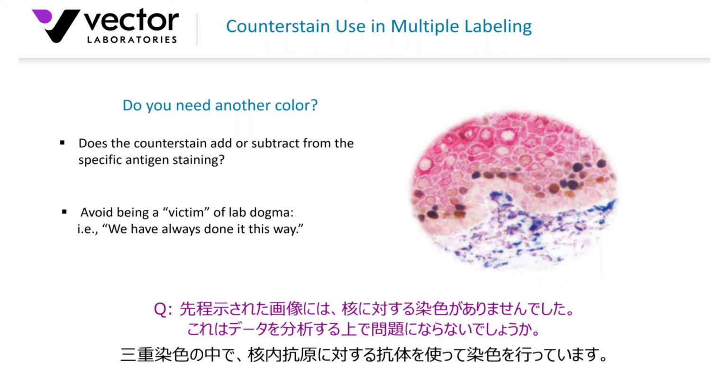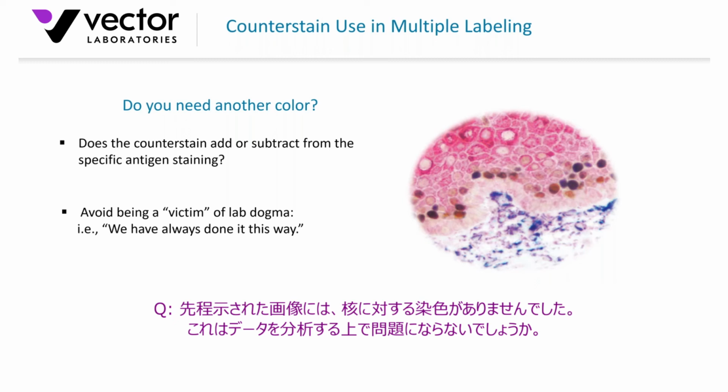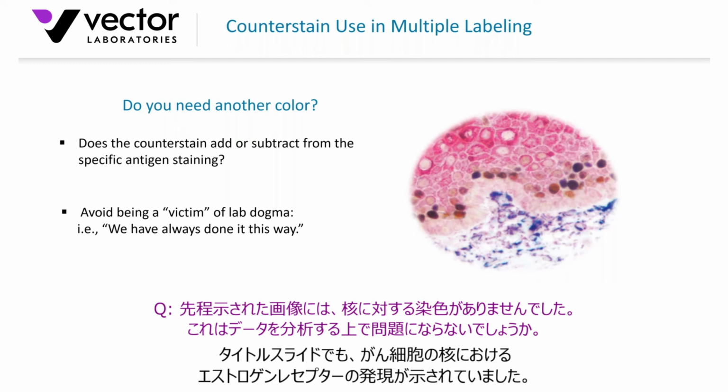So that particular image does indicate nuclear staining for a given target antigen in a triple label. So certainly those were shown throughout the presentation. And indeed, the title slide also showed estrogen receptor expression in the nuclei of given breast carcinoma cells as well.